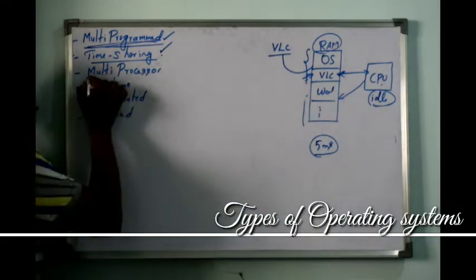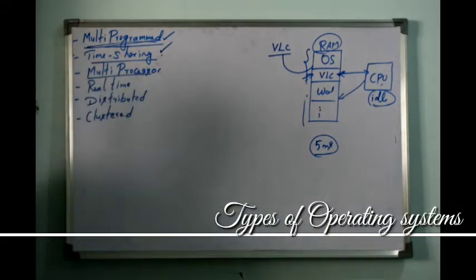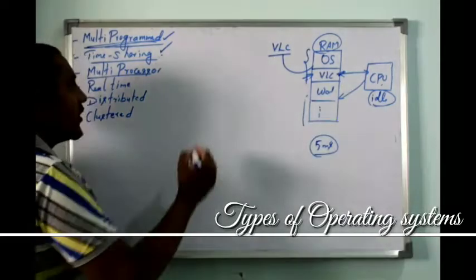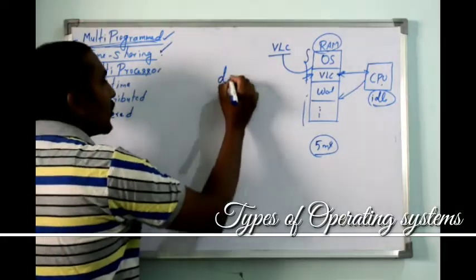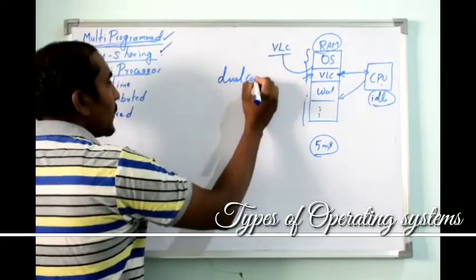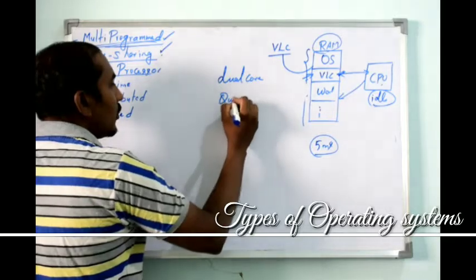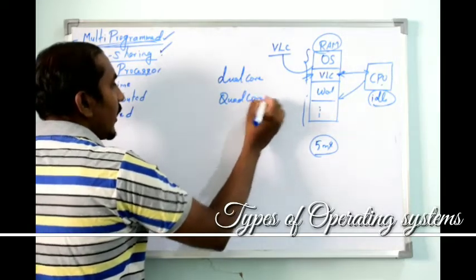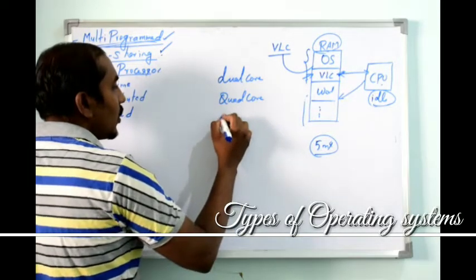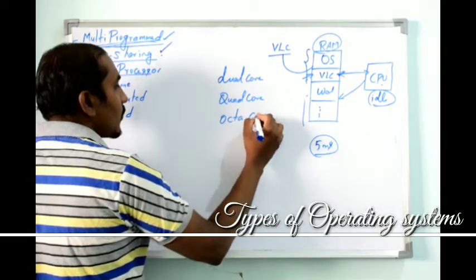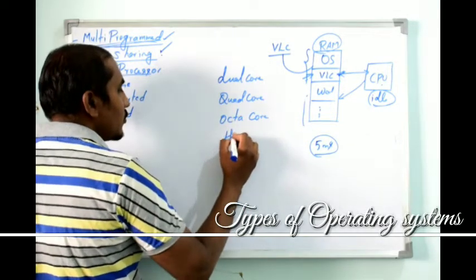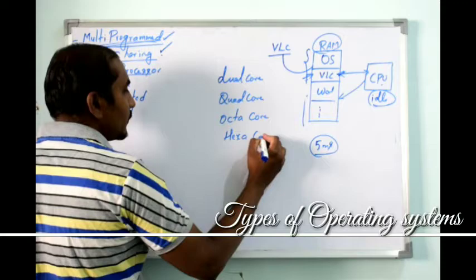Next, coming to the multi-core or multi-processor operating system. You have heard of something called dual core, quad core, octa core, and you may also have heard of hexa core.